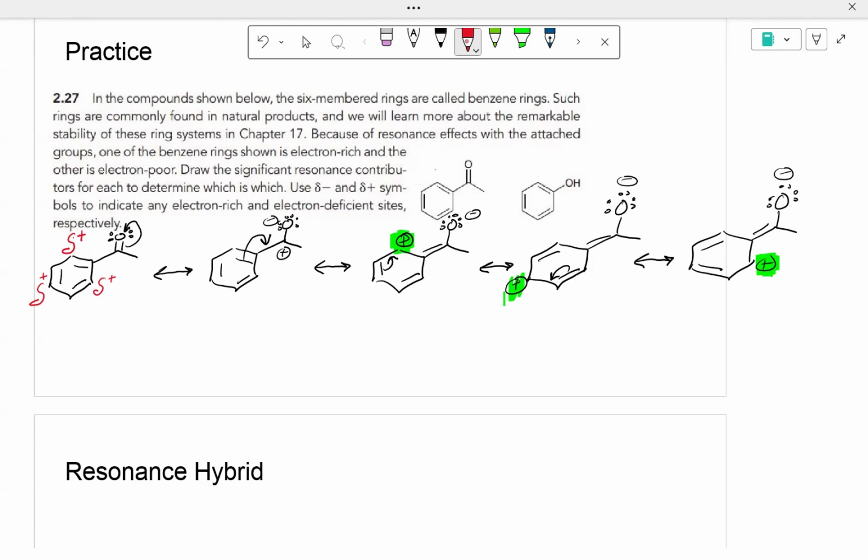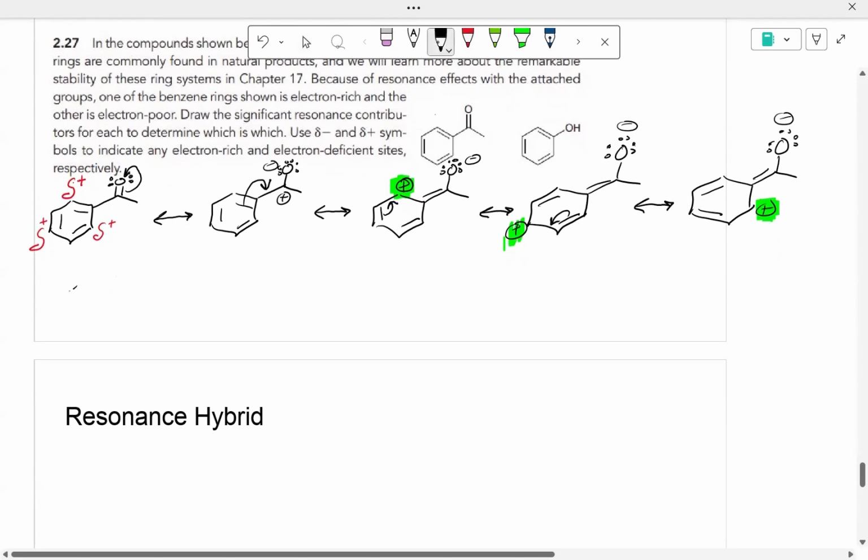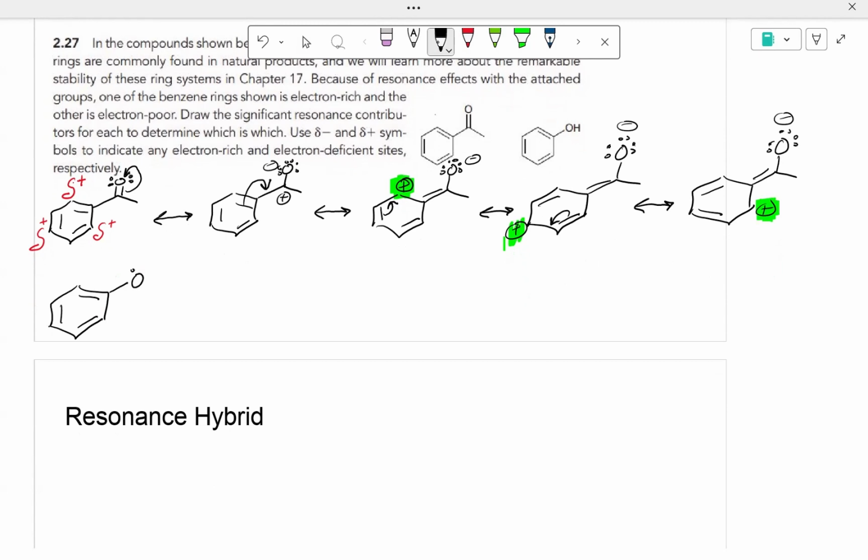Now let's do this with the other one and see if there's any difference. Does this fit one of our patterns? Well, we have an atom with a lone pair in an allylic position. So I'm going to start off by doing this movement.